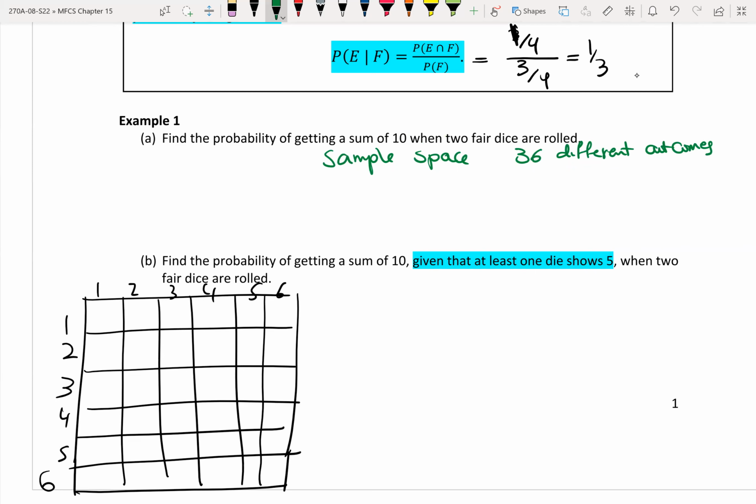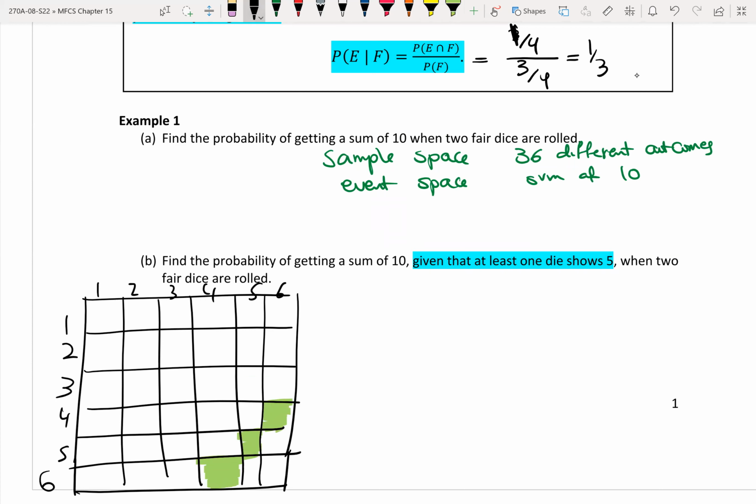outcomes. And then your event space, which is sum of 10, I will just write it over here. So your 6 and 4, right? 5 and 5, and then 4 and 6. Okay, so that's the case. So there are 3 cases.